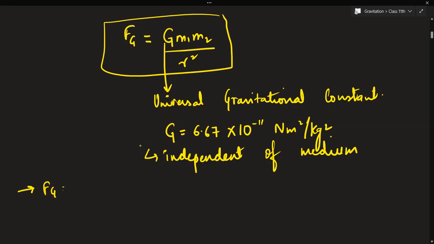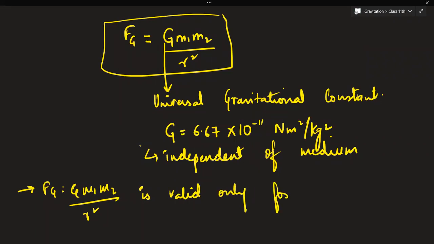So this formula which we study, G m1 m2 by r square, is valid only for point masses or spherical bodies.